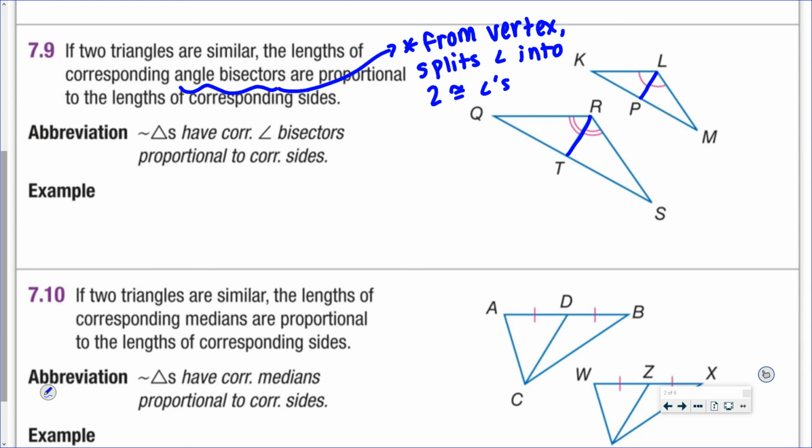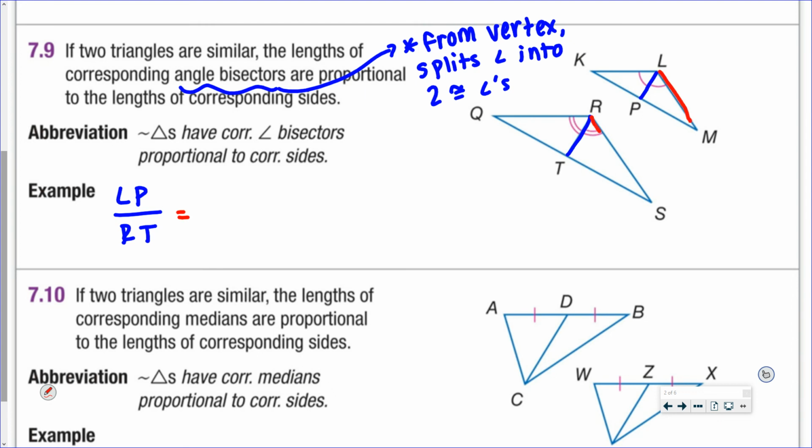All right, so same thing. As long as the triangles are similar, their angle bisectors are going to be proportional to all the corresponding sides as well. Okay, so LP to RT, whatever the ratio of their angle bisectors, that length is going to be proportional to all the corresponding sides.